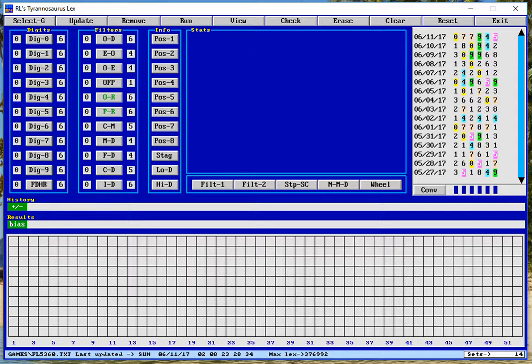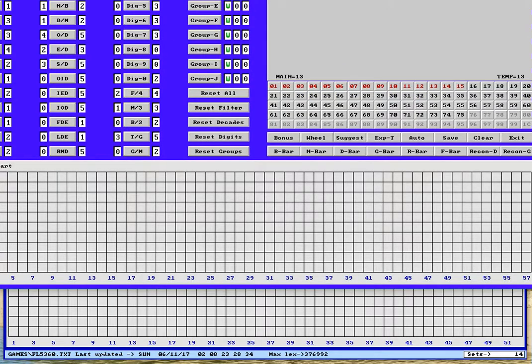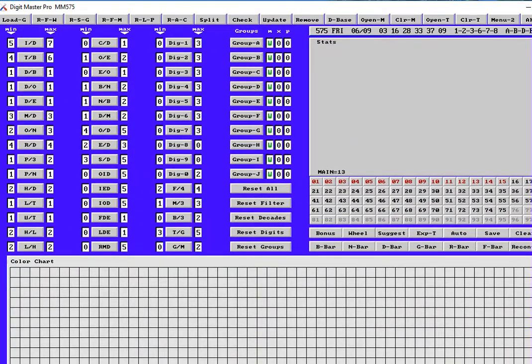If not, I'll try another video using maybe this program here, which is the Digit Master Pro program. And you can see here where I've got filters set to exact specifications, other than a couple of them. A couple of them I run a spread on. Over here I don't really worry about the second column. I just leave them always the same.